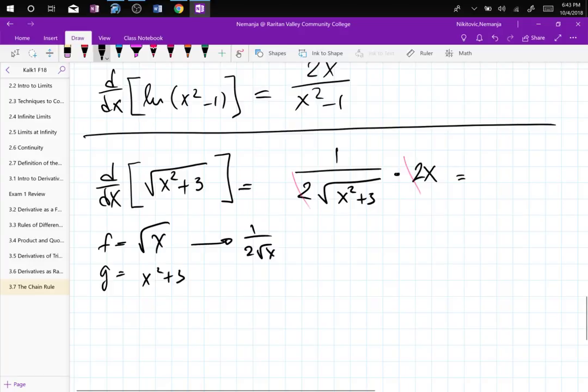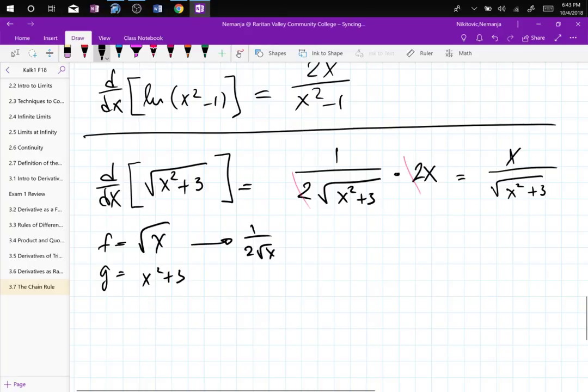You get 1 over square root of x squared plus 3 times, oh, I can just put x here. I was about to say times x, but I can just put x there, and that's that. So this will be the derivative of this composite function here.